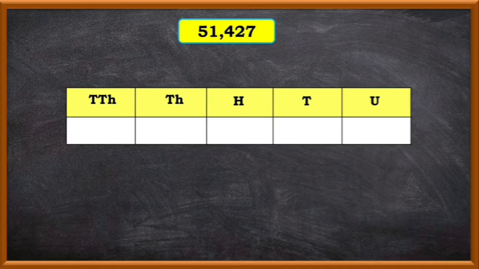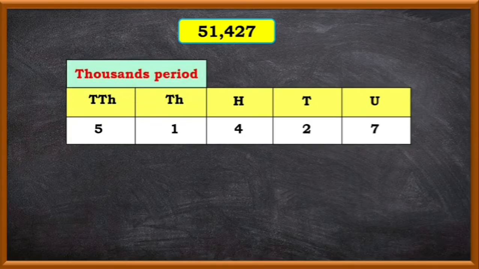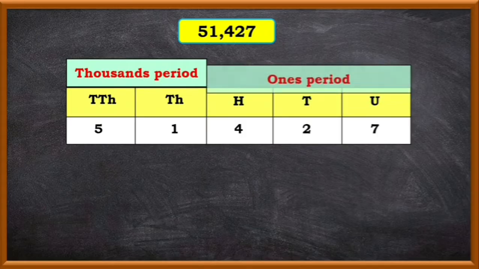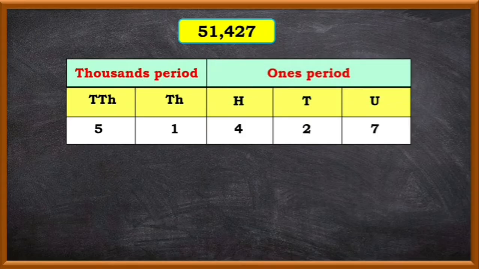So here 5 will go in the 10,000s place, 1 in the thousands place, 4 in hundreds place, 2 in the tens place and 7 in the units place. Now this is thousands period and this is ones period.